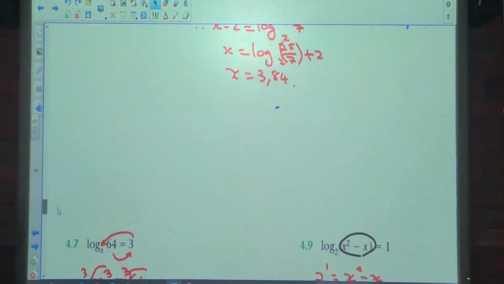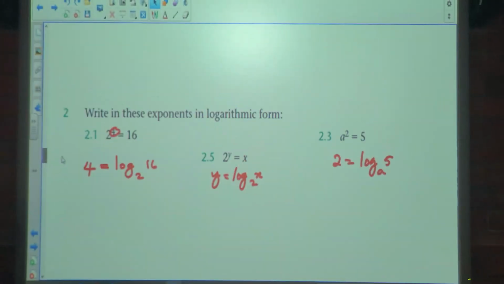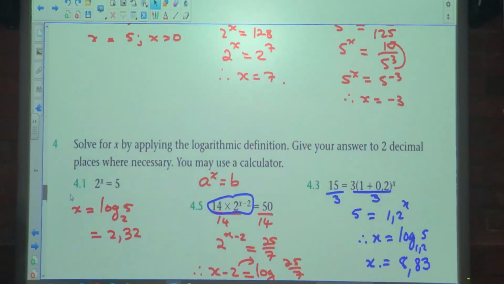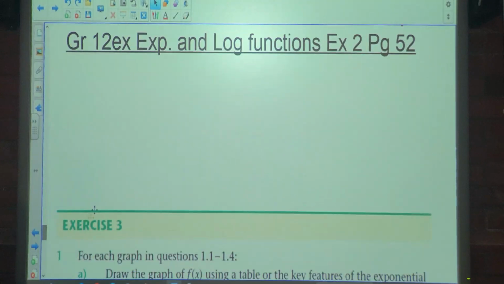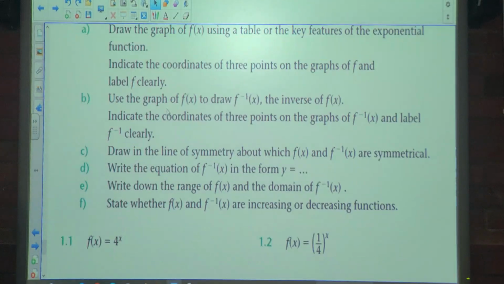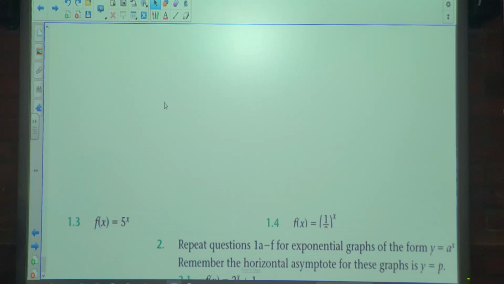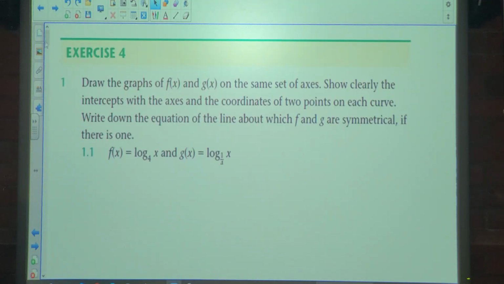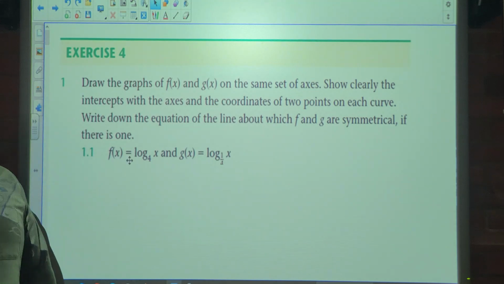Right, let's see for exercise 3. It's 1.1, 1.2, 1.3, 1.4. So it's basically the whole exercise.